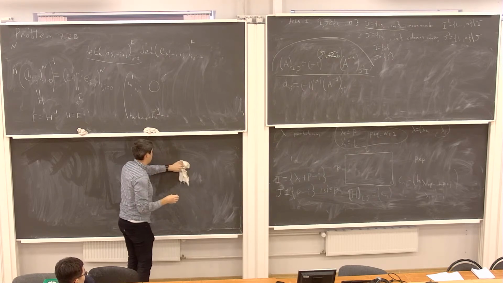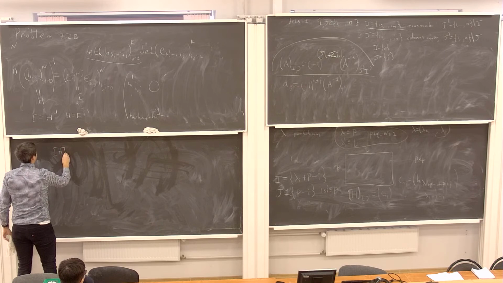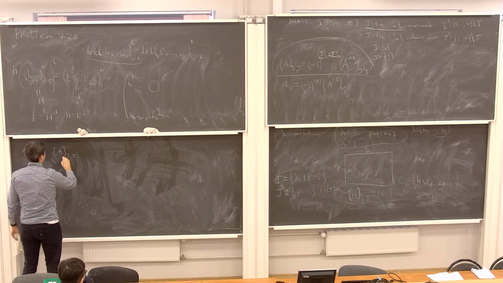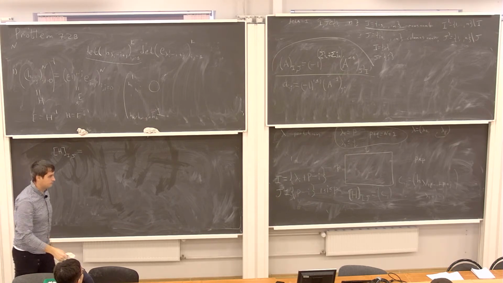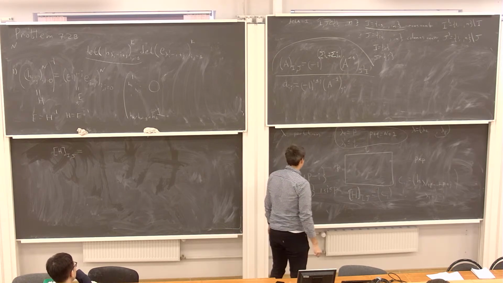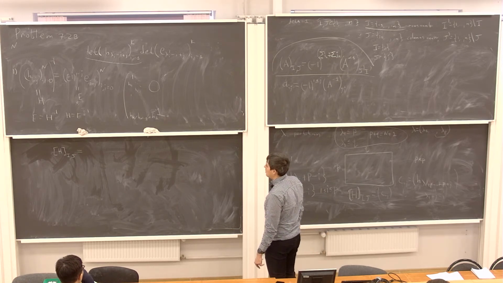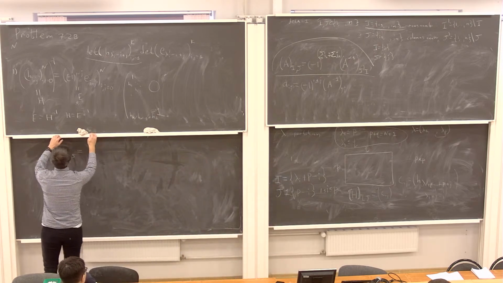If we consider the minor of H corresponding to I and J, it is equal to what? I denote these matrices by this now.